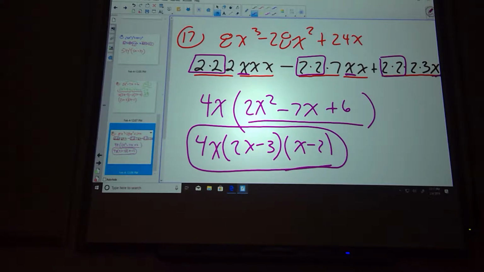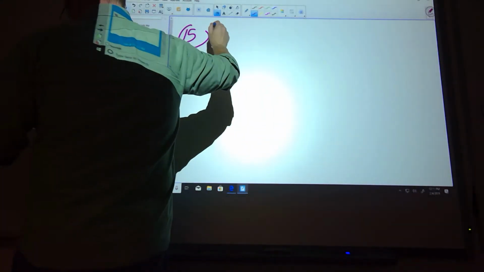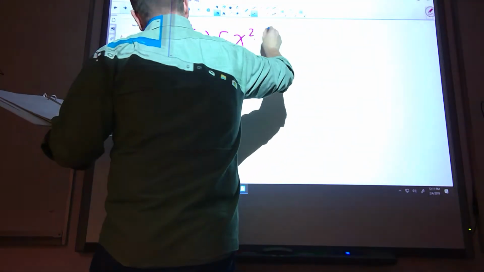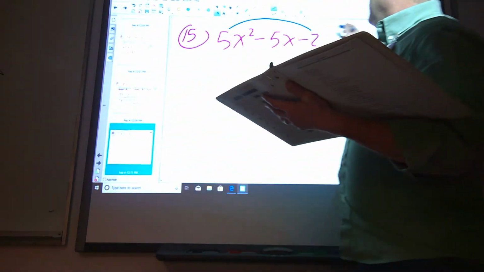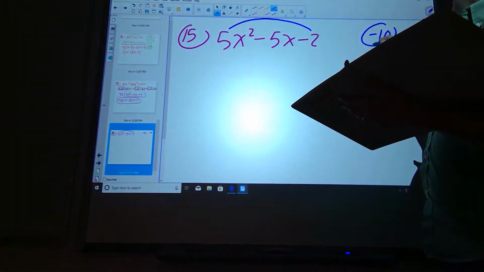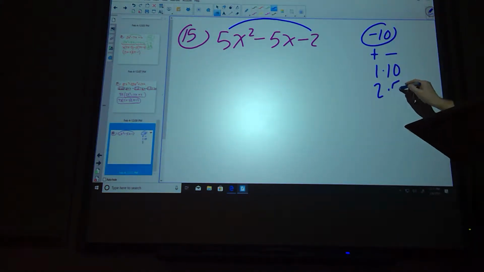What else? Yeah. 15. I have 5x squared minus 5x minus 2. So my magical number will be negative 10. In order to get a negative, I have to have positive, negative. Factors of 10 are 1 and 10 and 2 and 5.